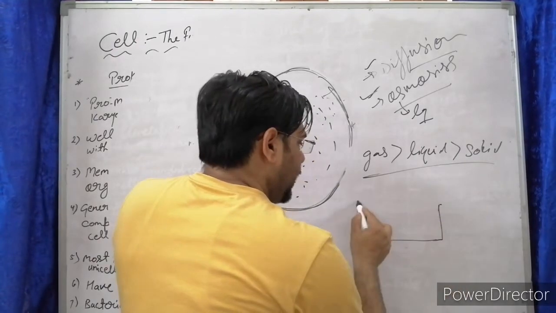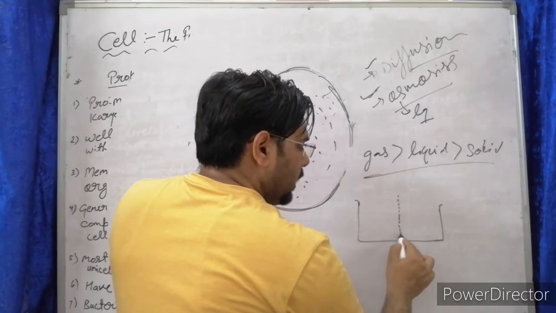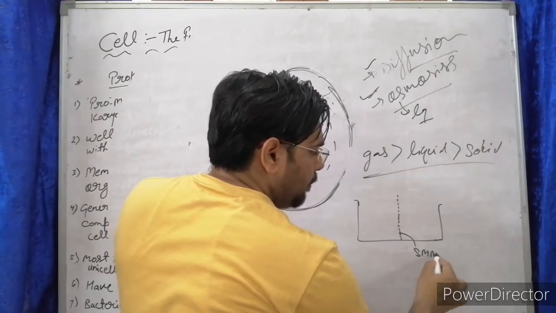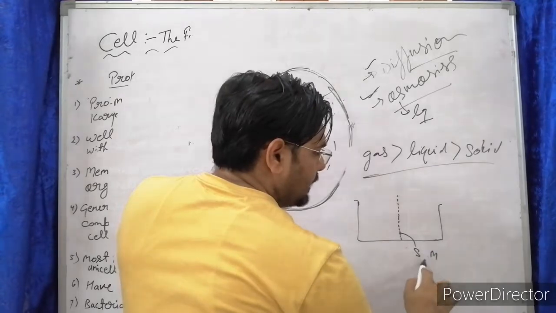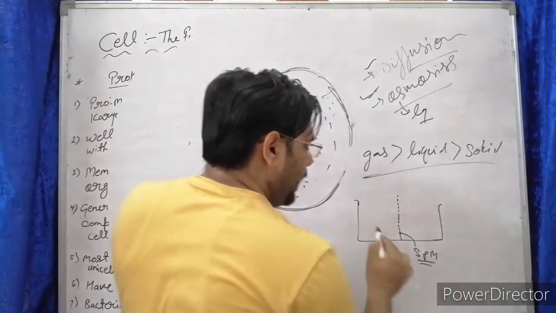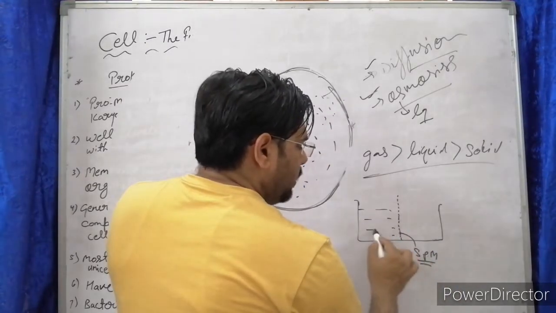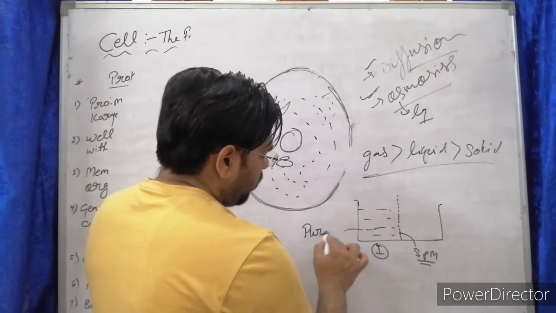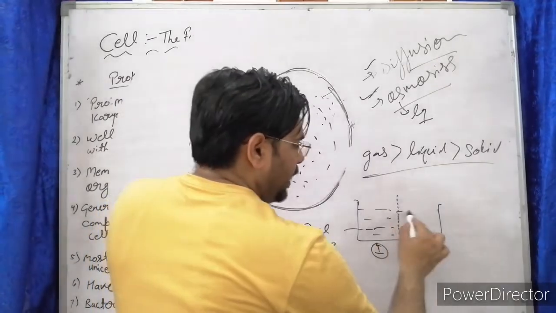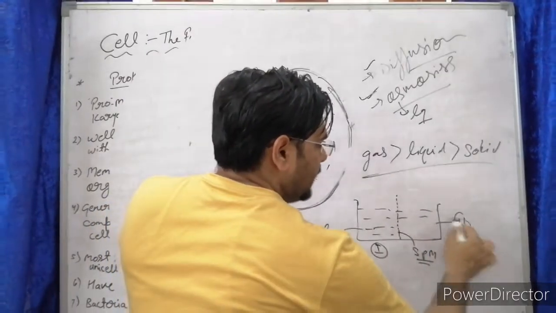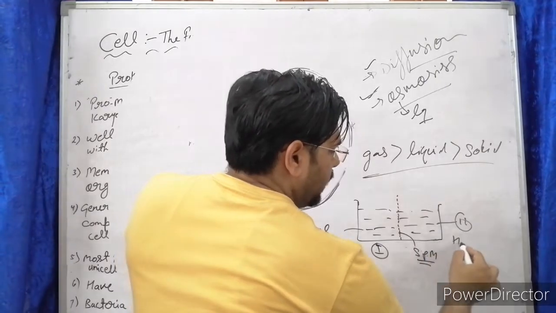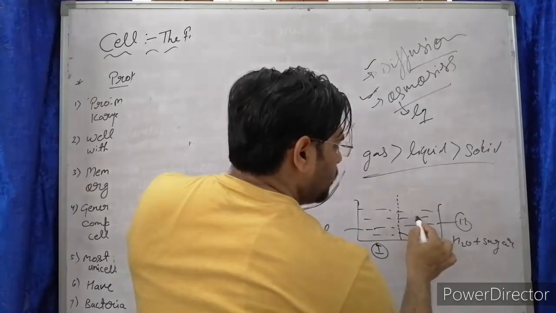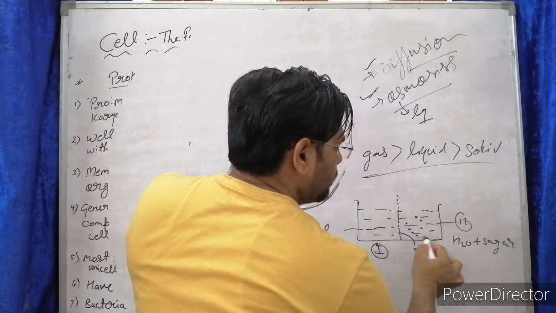Suppose this is a container in which two tanks are separated by a semi-permeable membrane, I have written SMP, semi-permeable membrane. So here is water in component first, here is pure water, and component second has water plus sugar, it has the molecules of sugar also.